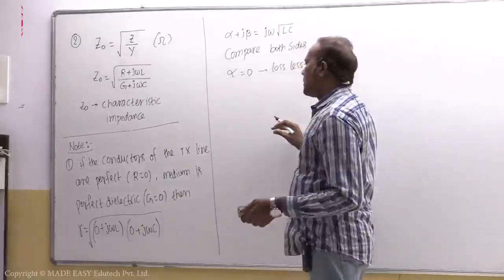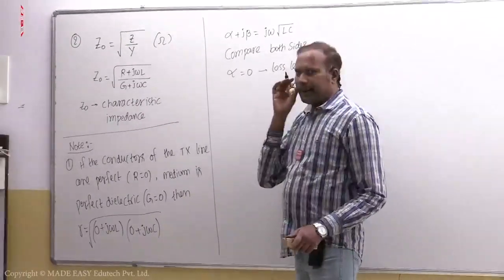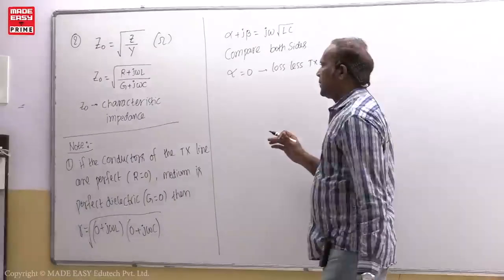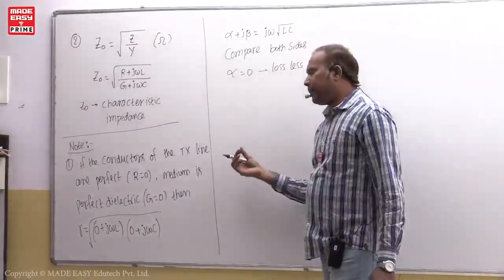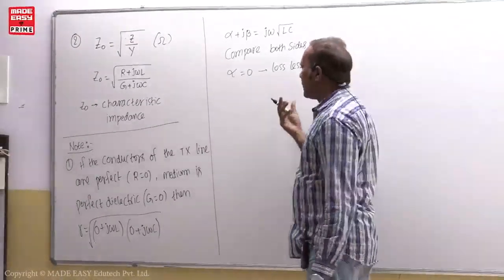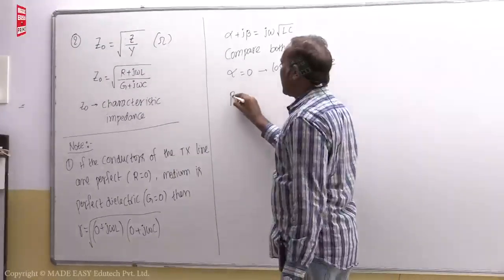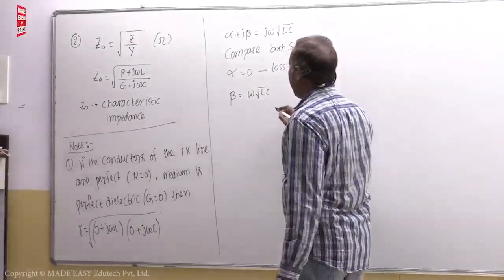That means in the transmission line, if you use perfect conductors and the perfect dielectric, then there are no losses. But this is ideal discussion. You cannot get perfect conductor and you cannot get perfect dielectric. So beta is equal to omega root LC.